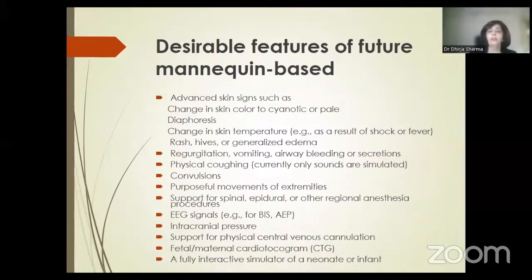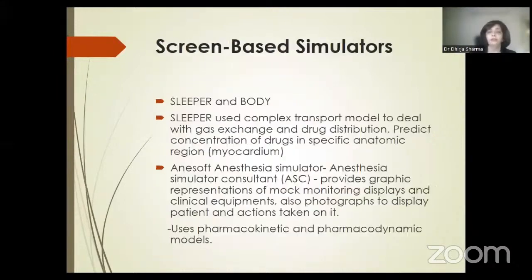There should be support of spinal, epidural, and other regional anesthesia procedures. EEG signals we should be able to see, BIS, AEP, etc. Intracranial pressure monitoring, support for physical CVP cannulation, fetal maternal cardiotocograms, and a fully interactive simulator of a neonate and infant is the future. In screen-based simulators, Sleeper and Body are the examples.